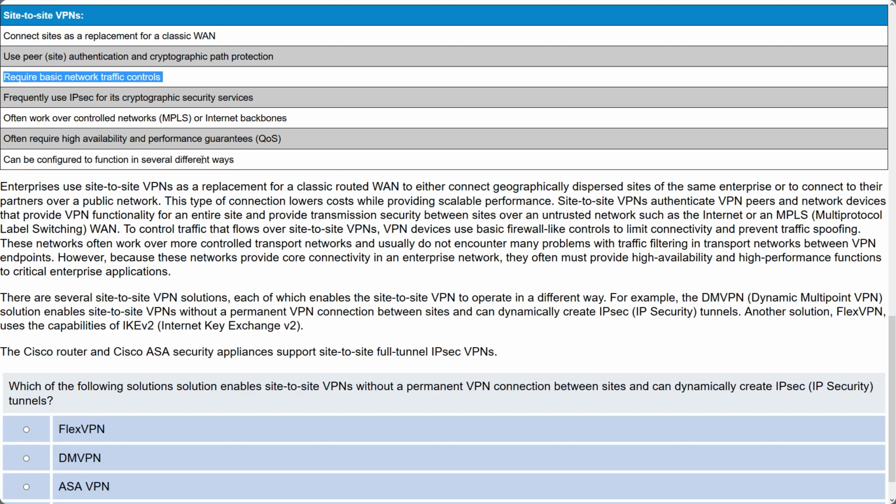We also would want to use IPsec for its cryptographic services. We kind of talked about that in relation to cryptographic path protection. However, IPsec is a suite of protocols that provides us protection mechanisms outside of just confidentiality. There's a message integrity component with using MD5 or a SHA, secure hashing algorithm. There is an authentication component using RSA or DSA or pre-shared keys.